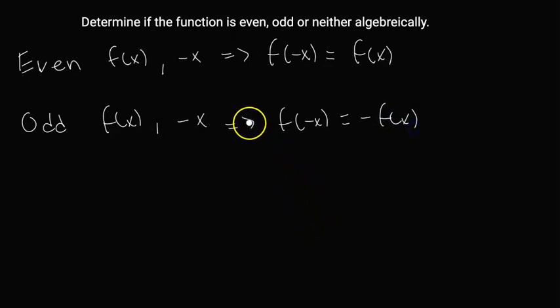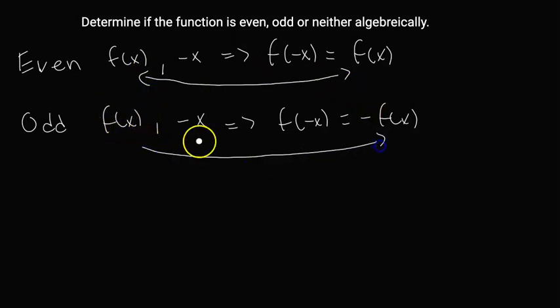Thus, the major difference is that whenever I start with an even function, I typically end up with the same thing. But if I start with an odd function, I end up with a negative of the whole thing.